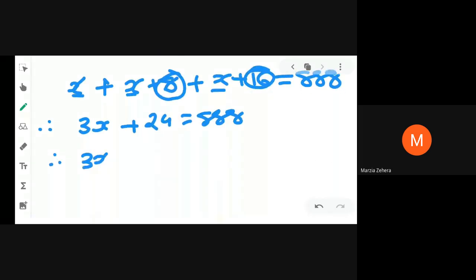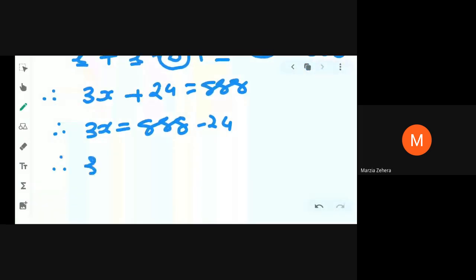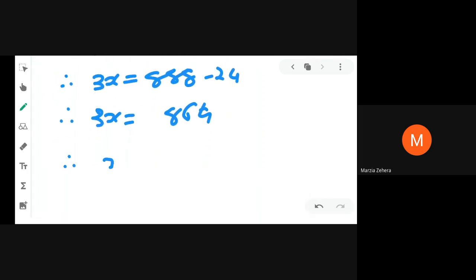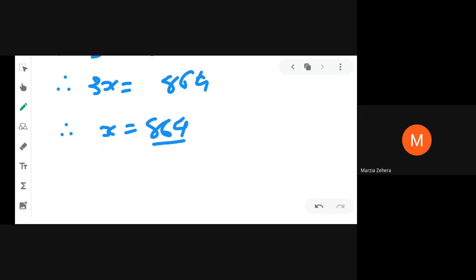Now we can see 3x is equal to 888, we are subtracting this 24 on the right hand side. So we get 3x is equal to 864. If you want to find x, 3 is in multiplication with x, so we are sending it to the right hand side as division.